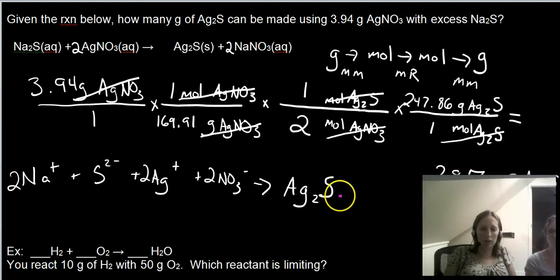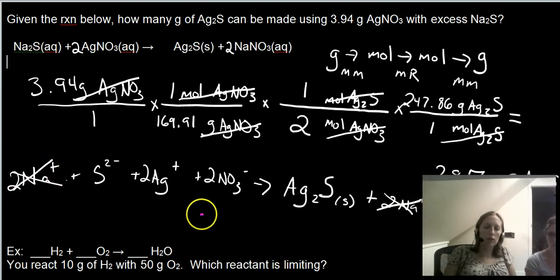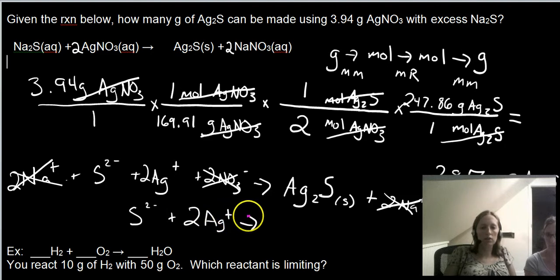There are little chunks at the bottom, so you leave it like that. But 2 sodium ions and 2 nitrate ions are floating around as ions, and you cancel out the ones that are spectators, leaving you with sulfide and silver yields silver sulfide, which is frankly sort of obvious.